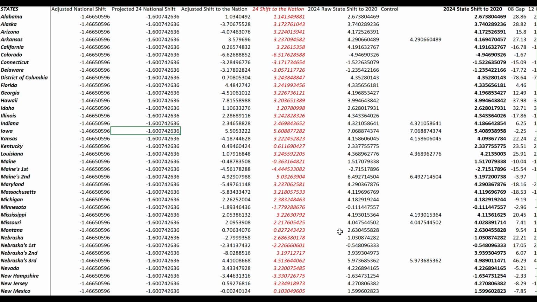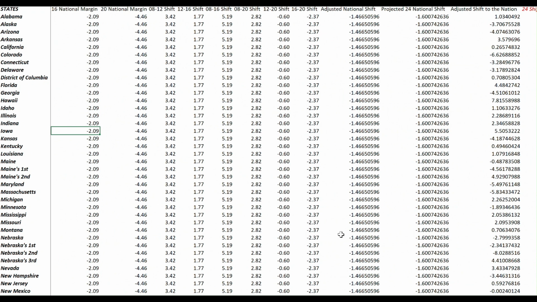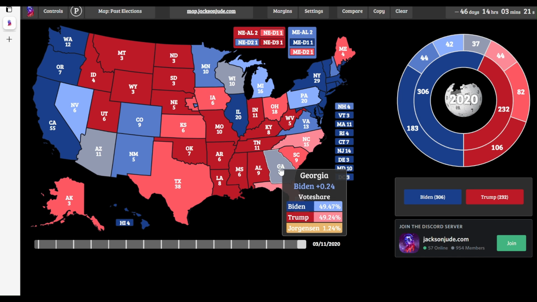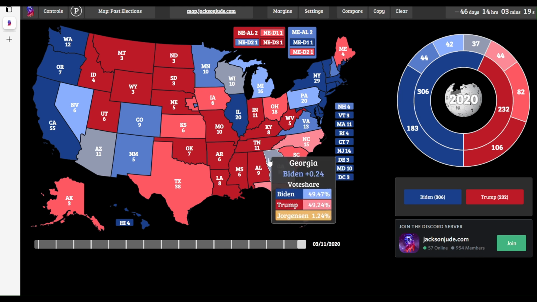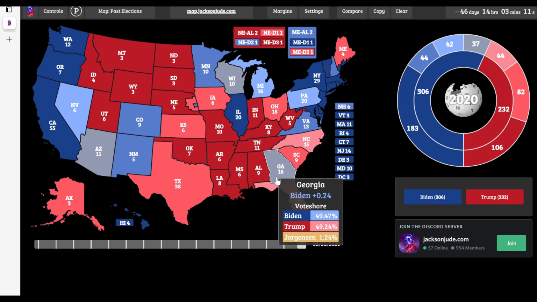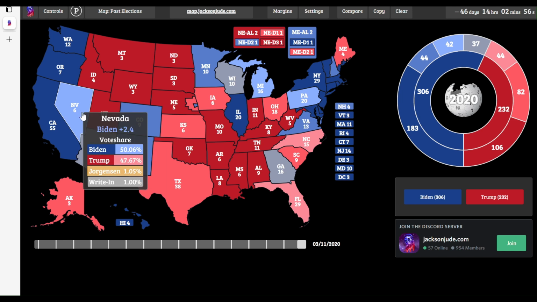For example, in 2020, the nation voted 4.5 points in favor of Democratic candidate Joe Biden, and you can see right here that the state of Georgia voted just 0.2 points in favor of Biden. So in this section of the model, we say that Georgia voted 4.3 points to the right of the nation, because the margin is closer than it was in the nation. Mathematically, we need to do 4.5 minus 0.2. We need to take into account those parameters for every single state.